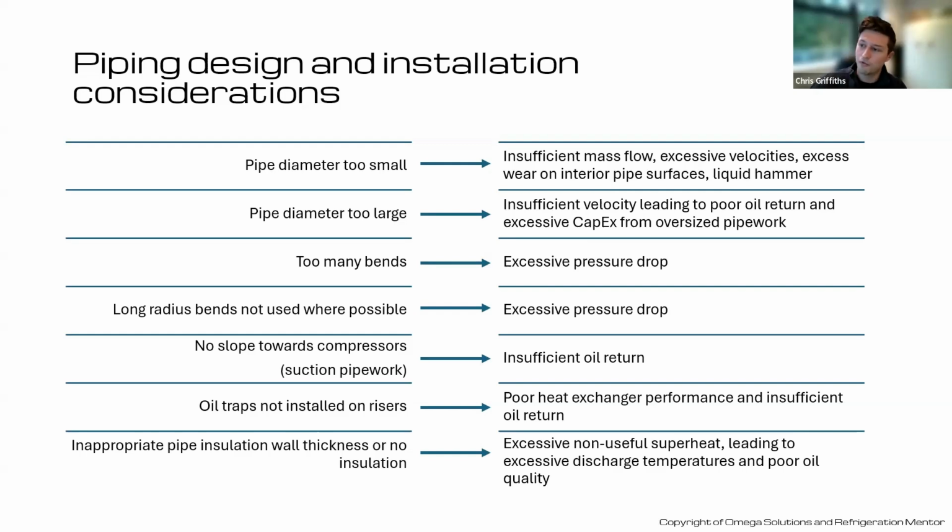So hopefully part of this presentation should alert some technicians out there that if you're getting oil issues, it could well be due to the fact that an oil riser has not been installed correctly or at all.